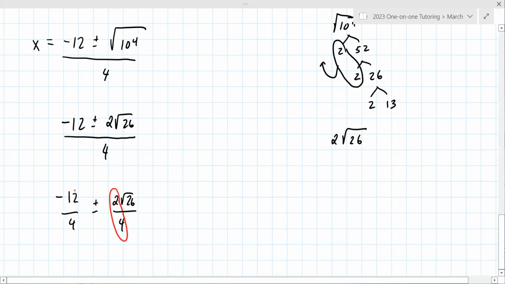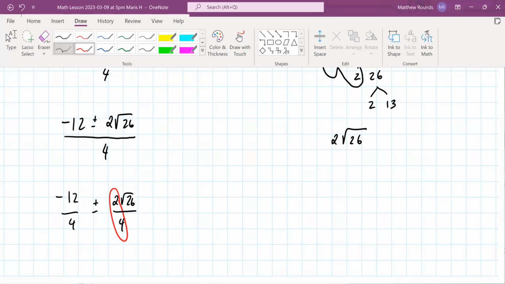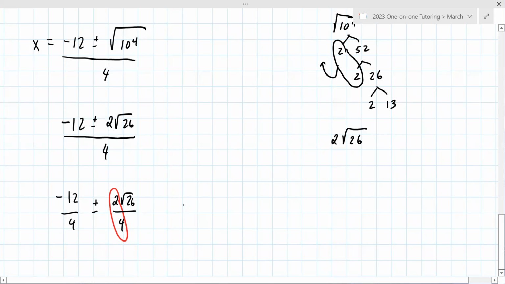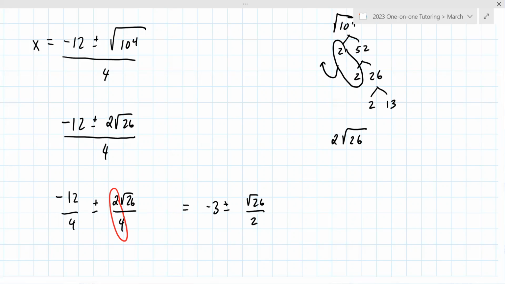It's always what's outside, not inside. So this becomes -3 plus or minus 1/2 square root of 26, or square root of 26 divided by 2. And you can leave it written this way most of the time.